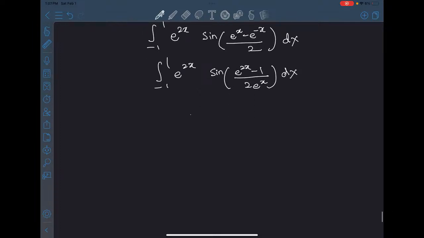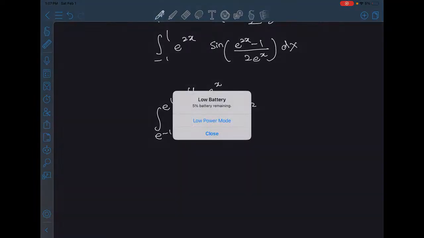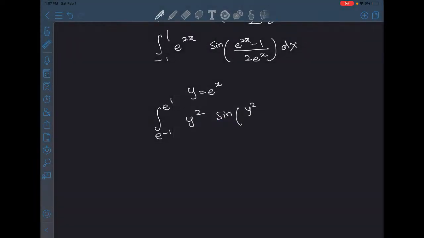So if I substitute y as, I don't know, this isn't gonna be helpful, I guess. Let's just try. So e to the power minus 1 to e to the power 1, this is y square sine of y square.